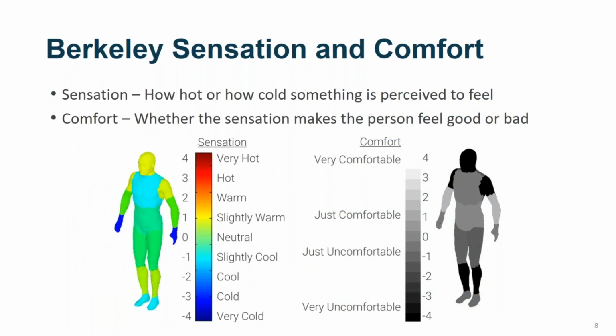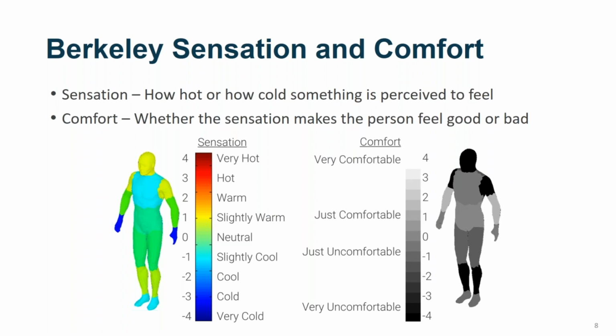And while we're talking about Berkeley sensation and comfort, it's good to distinguish the differences between the two. So sensation will be how hot or cold something is perceived to feel, and comfort is whether that sensation makes the person feel good or bad. So sensation directly corresponds to temperature.